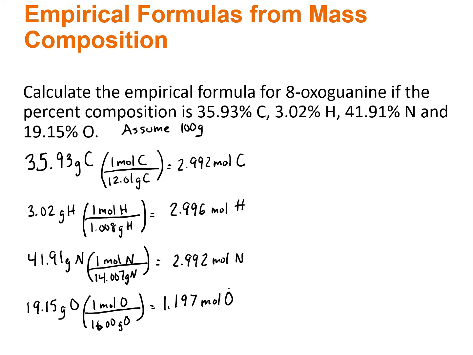We were good until we got to the oxygen. So is everybody okay with getting up to the number of moles of everything?